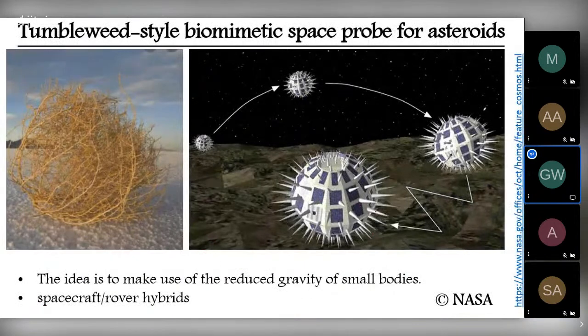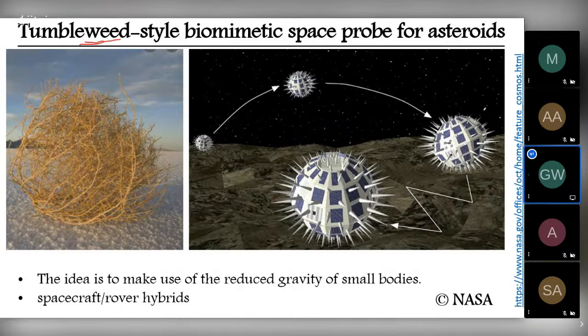This is for space applications. We all could have known about rovers, landers, and spacecraft, such as Perseverance, which NASA landed recently on Mars. Everything has 4 wheels or 8 wheels, some kind of structure similar to that of a car. So instead of that, what if we have a unique design inspired by tumbleweed?